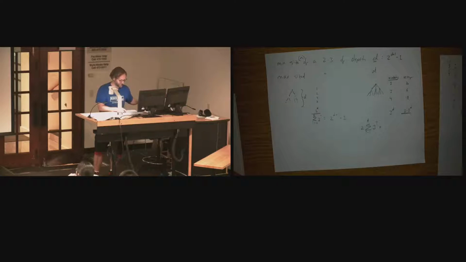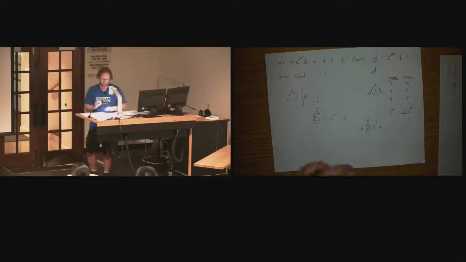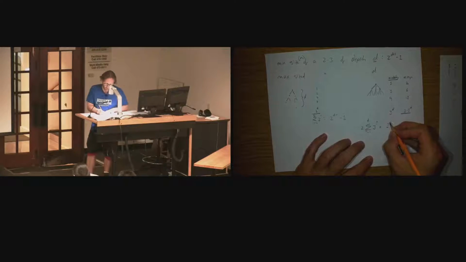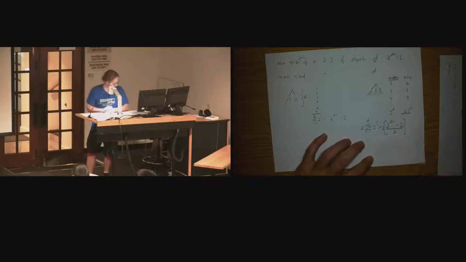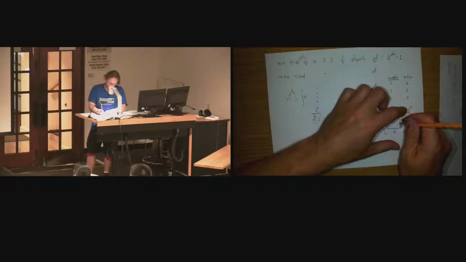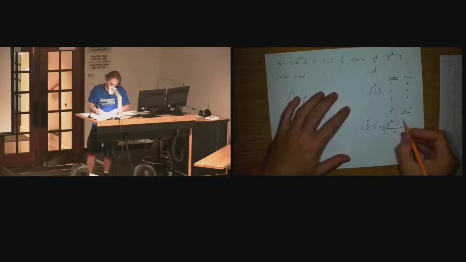I think it's, yeah, okay. It's going to be 3 to the d plus 1 minus 2, I believe, all over, I think, 2, with our 2 still out front here. Is that right? Oh, no, it's going to be minus 1. All right, there.